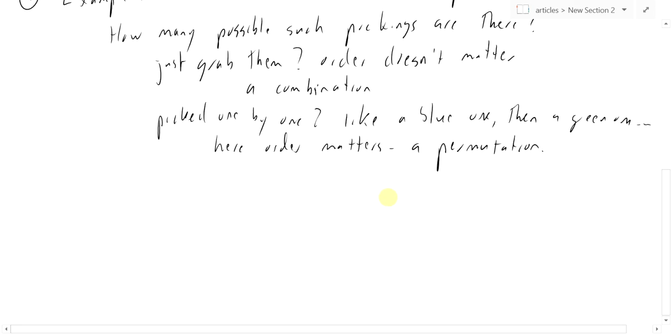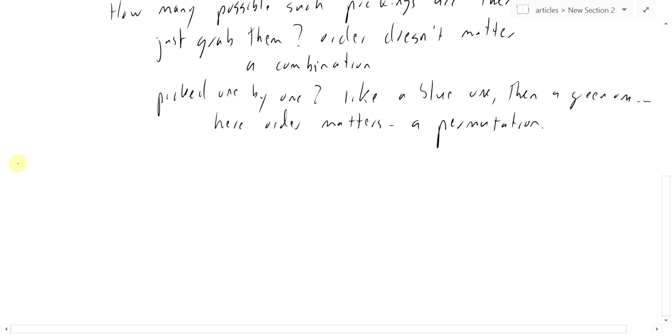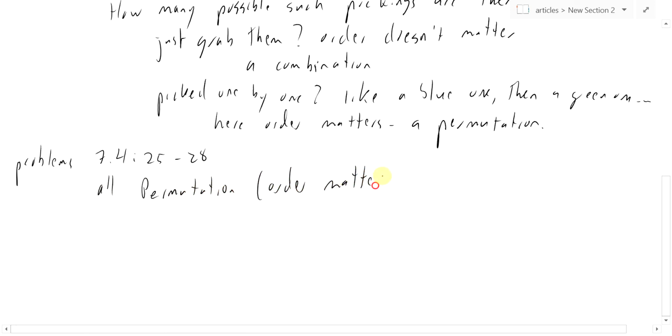In particular, problems 25 through 28 in section 7.4 are all: permutation, order matters, or combination.